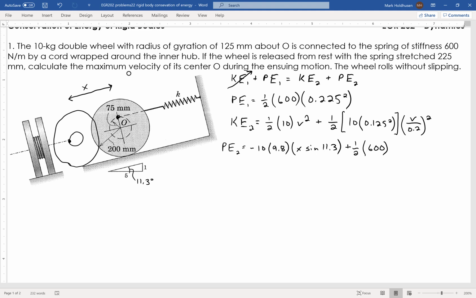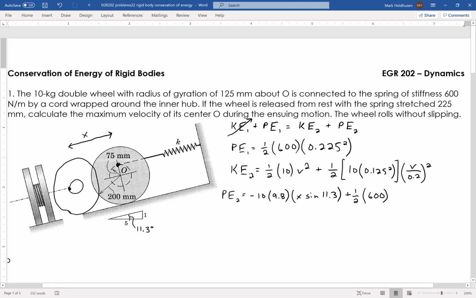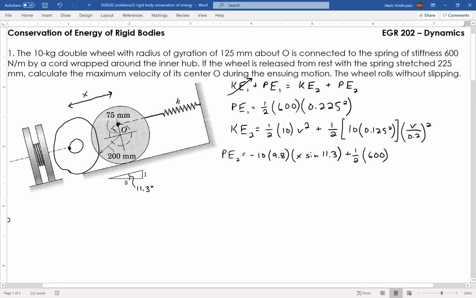The total stretch of the spring, I'll write it over here, is going to be, remember, it's got an initial stretch, so that 0.225 right off the bat, and then it's got the distance x that it travels.